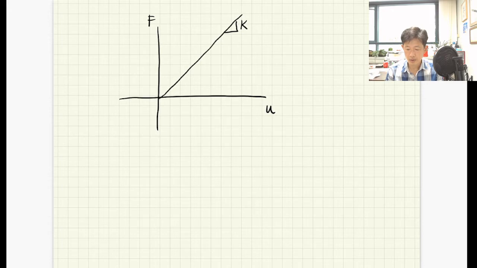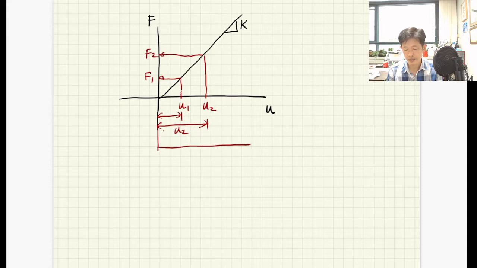Let's say we want to consider U1. For U1, my structural response would produce F1. And if you consider U2, its behavior is equal to F2. Then my question is, what's going to happen?